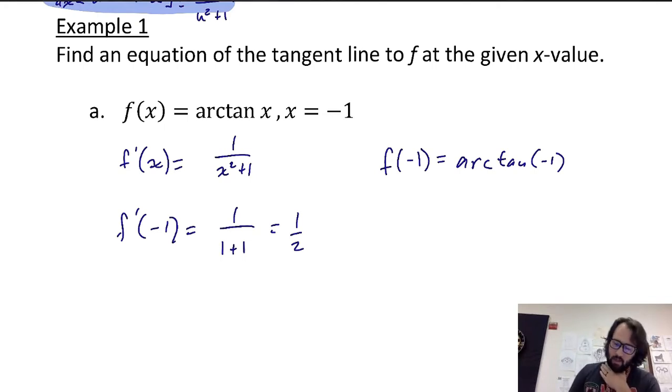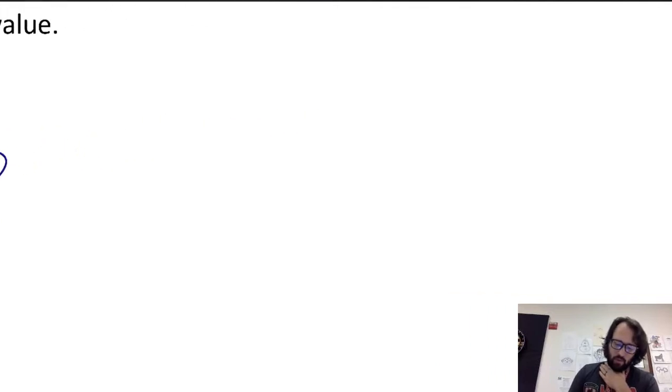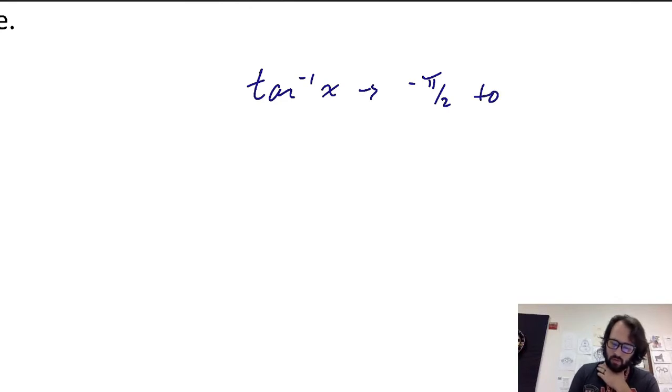Something else important to note, let me write this out real quick. Let me think about all of the ones that we need. Tangent inverse, the range is negative pi over 2 to positive pi over 2.